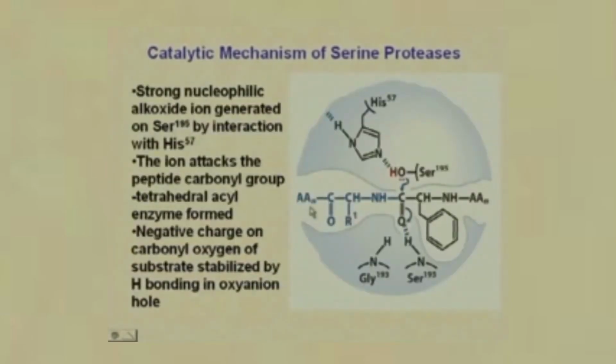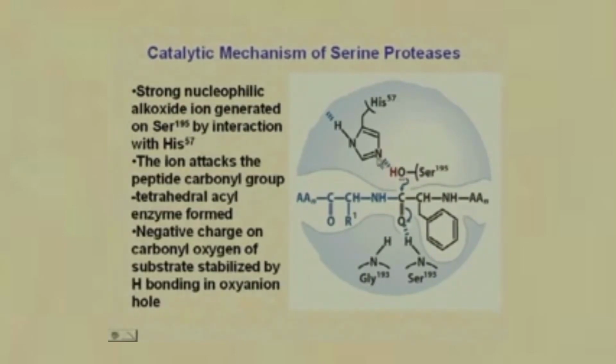Okay, so here is our polypeptide chain inside the active site. Now what is going to happen? The first thing that is going to happen is this histidine 57 is going to abstract the proton from serine.